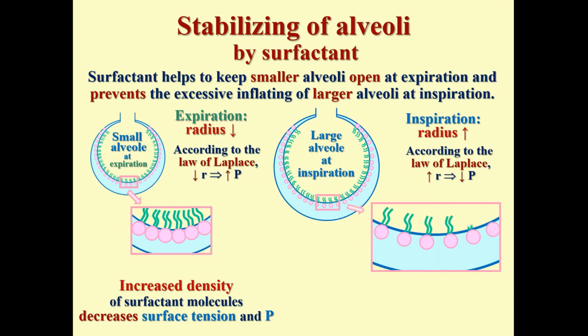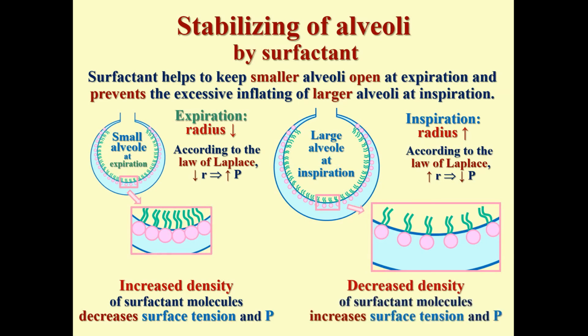You see now, the concentration of molecules per unit of surface becomes less, and it decreases surface tension less. So simply surface tension increases, and it stops the further dilation and inflating of the largest alveoli.